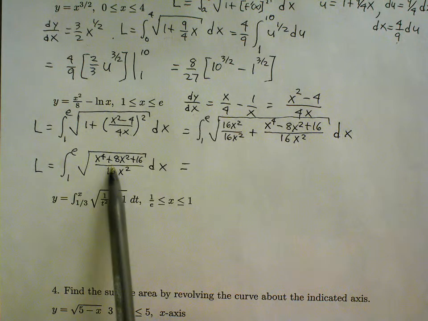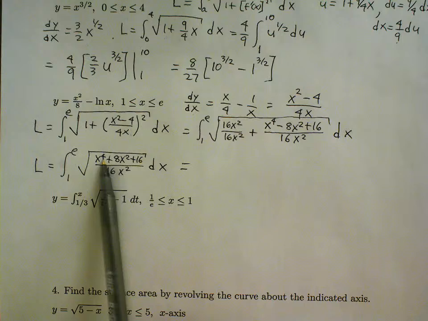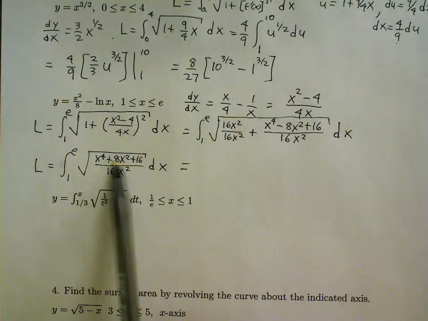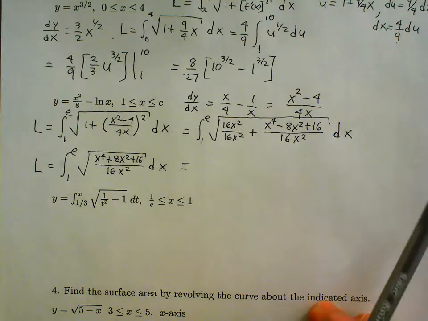Inside the square root, the numerator is a perfect square. This is the quantity x squared plus 4, squared. And the denominator is a perfect square.